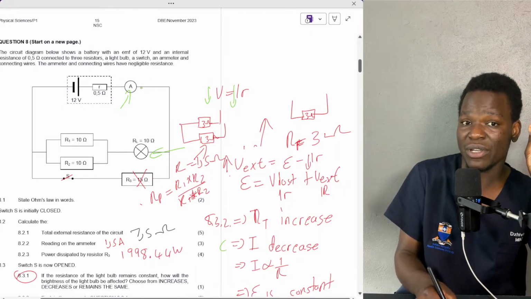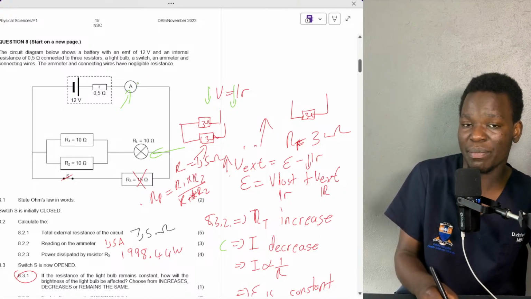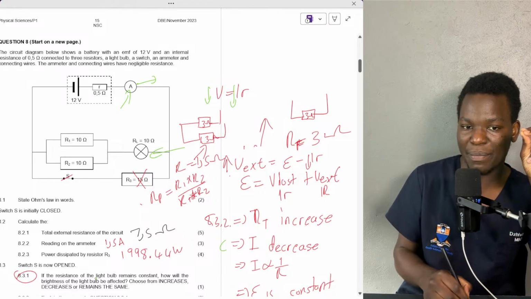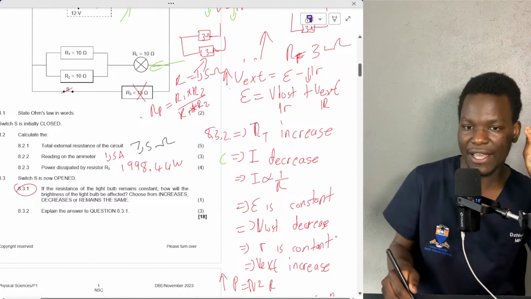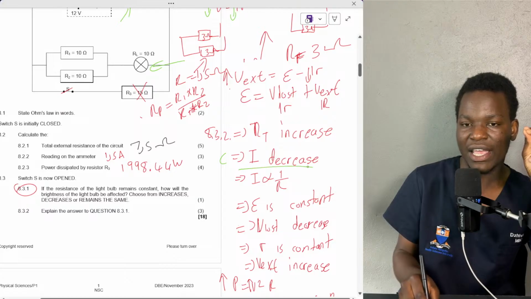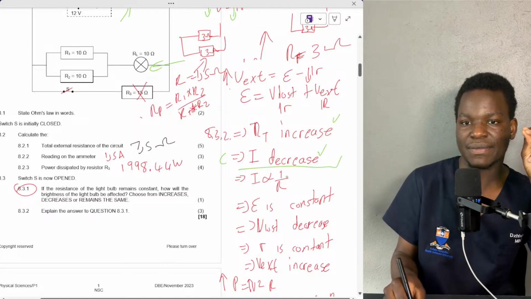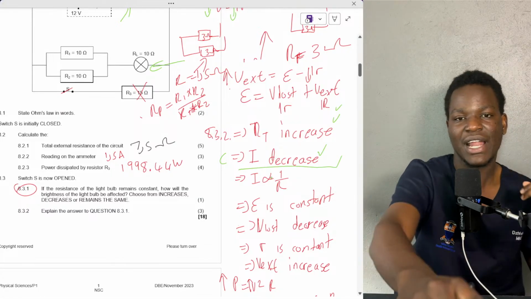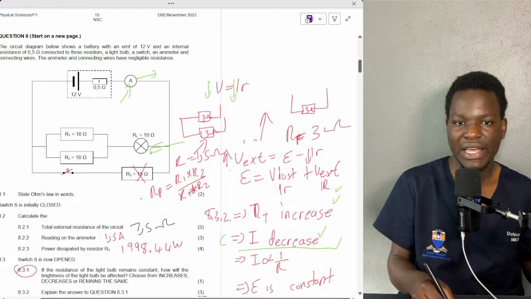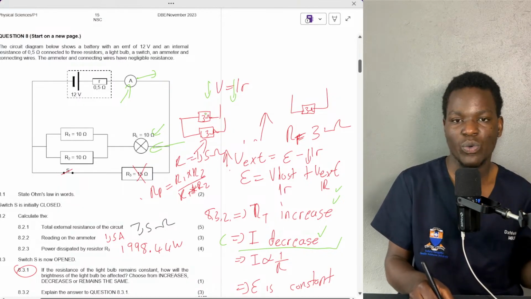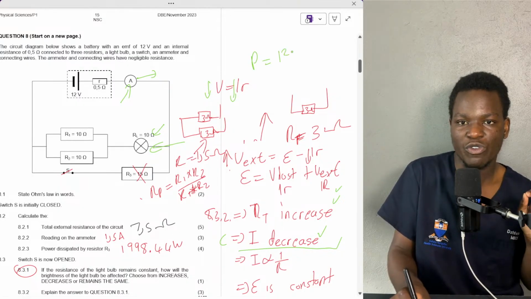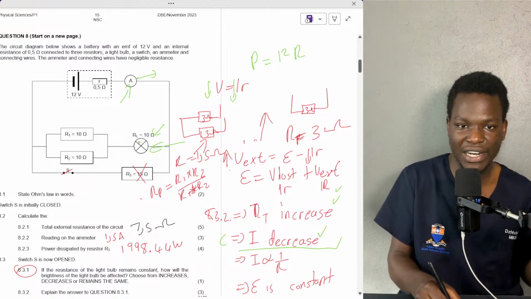If they had asked what will happen to the reading of A1 if this happened, you could end your answer here, and then you'll get your marks. But now, what will happen to the current across this? That's how we can use this equation, if we solve for the current across this.